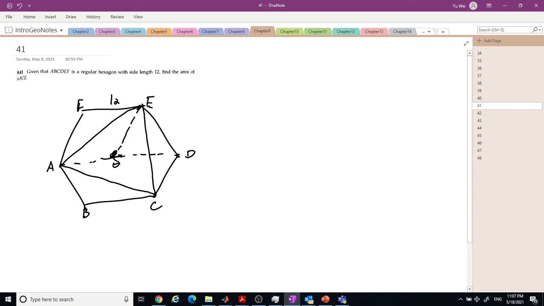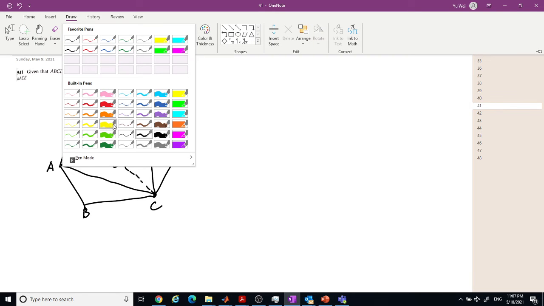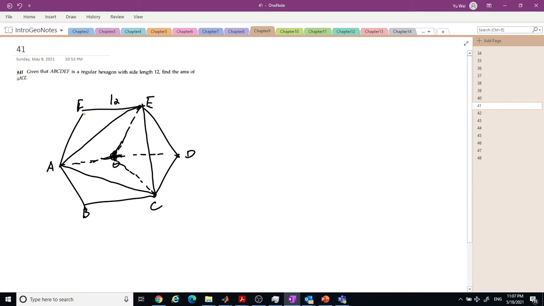Let me draw some auxiliary lines. Since it's a regular hexagon, by symmetry we have a rhombus here. We have the area of this piece and this piece, right?